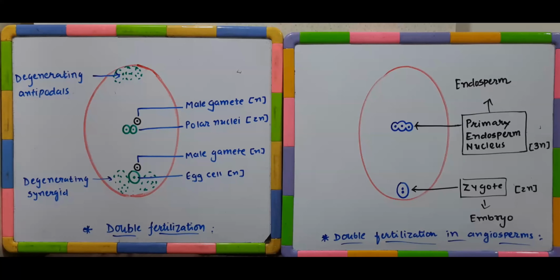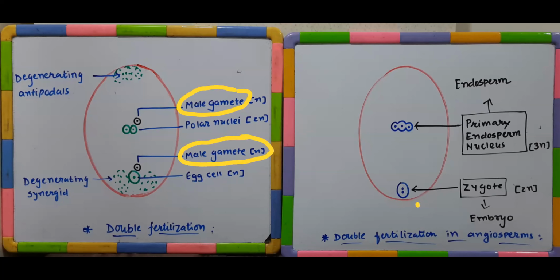After entering one of the synergids, the tip of the pollen tube ruptures and it releases two male gametes.